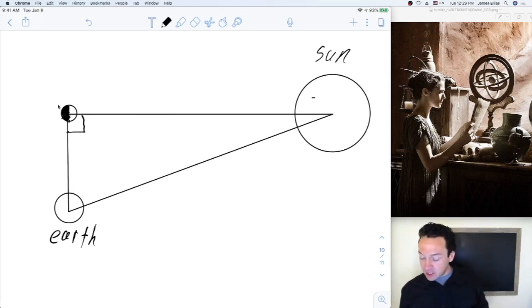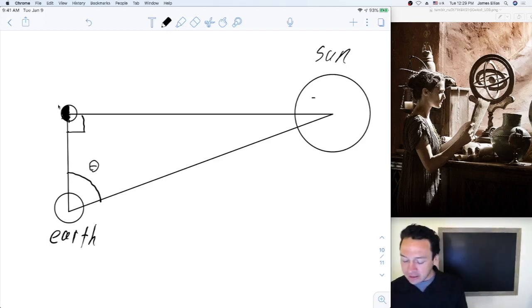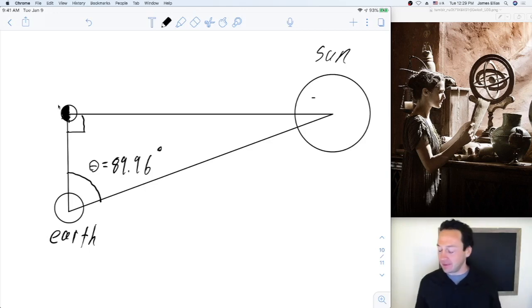Aristarchus then measures this angle from the position of Earth. And it turns out that this angle is 89.96 degrees. So it's very close to 90 degrees, which means I haven't drawn this properly, by the way.